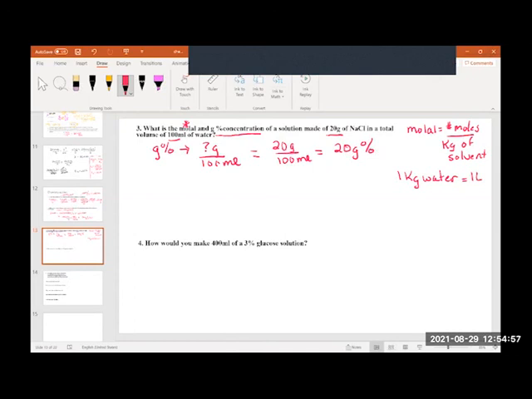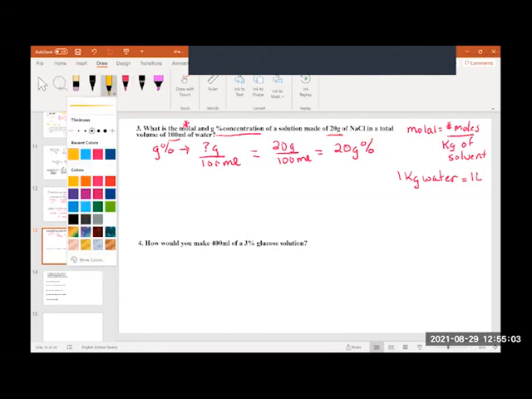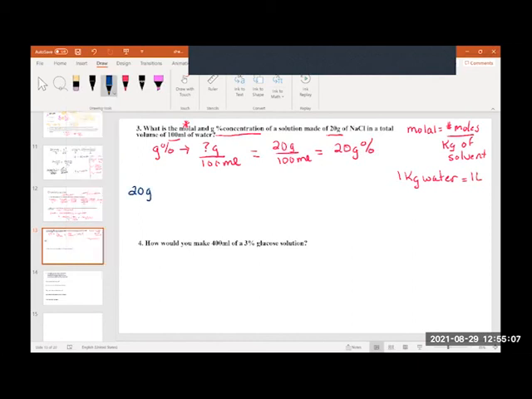So let's start this. We know that we are starting with a 20 grams percent solution. That means 20 grams per 100 milliliters of water. Let's first start by converting our 100 milliliters into our base unit, liter.